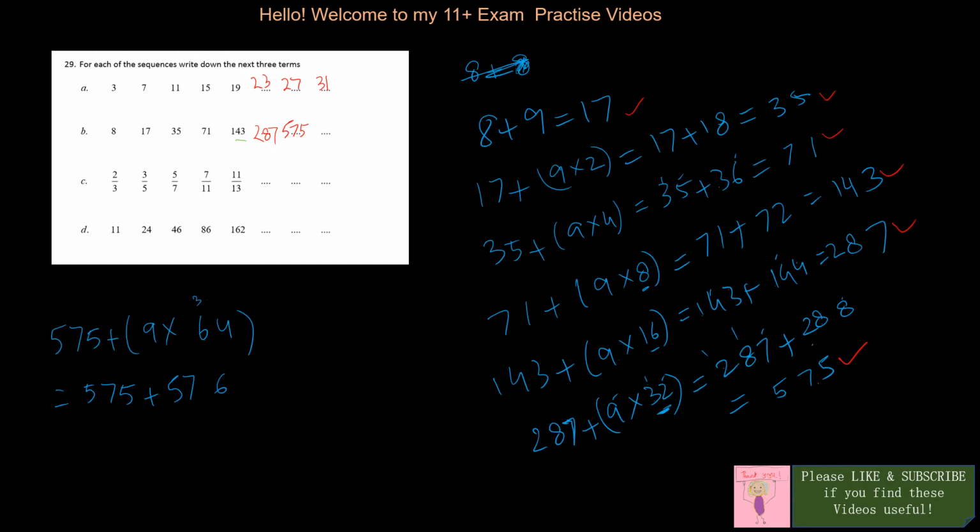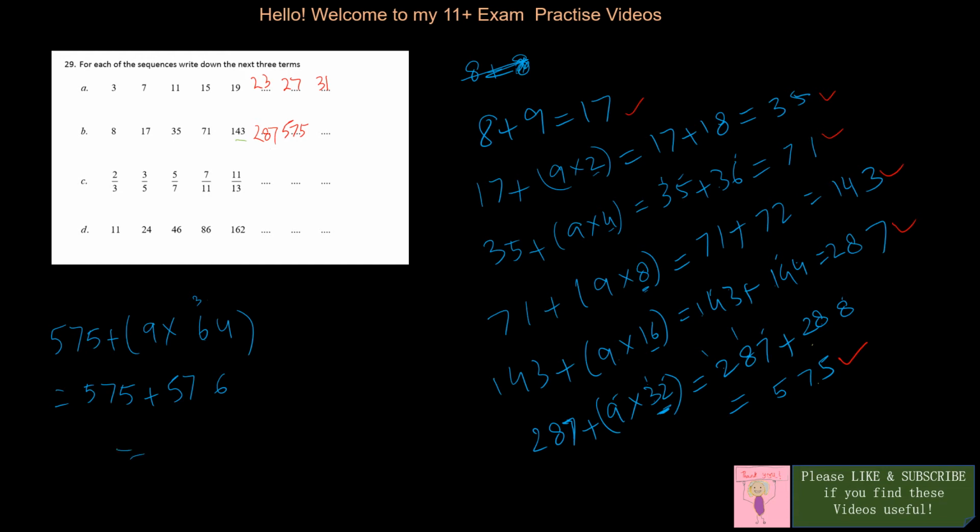In each of these steps, we have added the result of multiplying 9 by these numbers, and we have doubled the number each time. So 32 times 2 is 64, so 9 times 4 is 36, 6 and 3 carry over, 9 times 6 is 54 and 3 is 57.